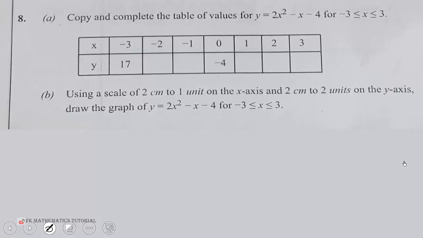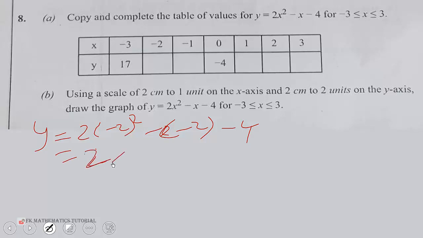So we put negative 2 in the expression here: y is equal to 2 into bracket negative 2 squared, minus x, minus negative 2, then minus 4. So let's go. This will give you 2 times 4 plus 2 minus 4. That will give you 8 minus 2, which is what? 6.